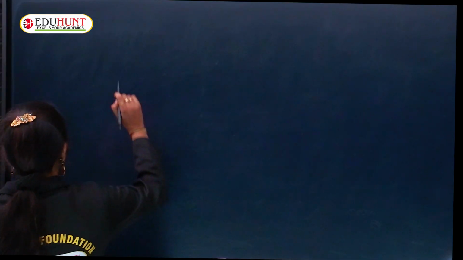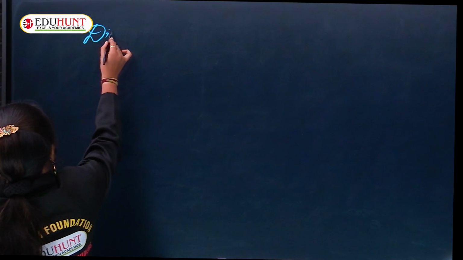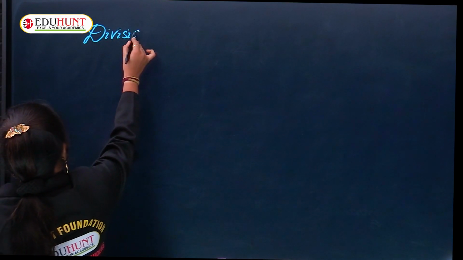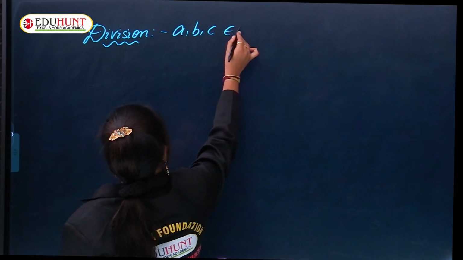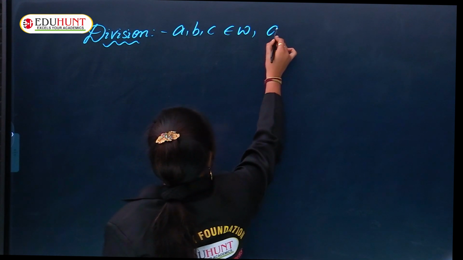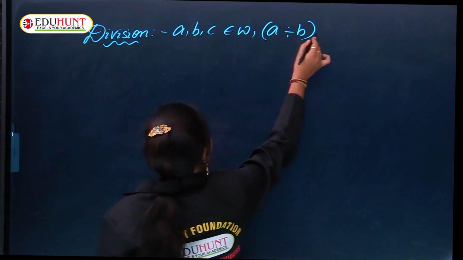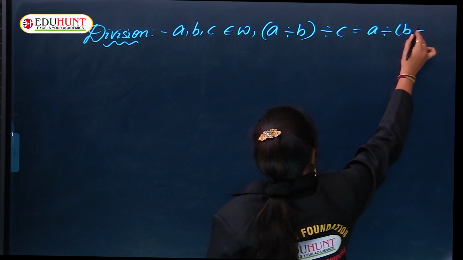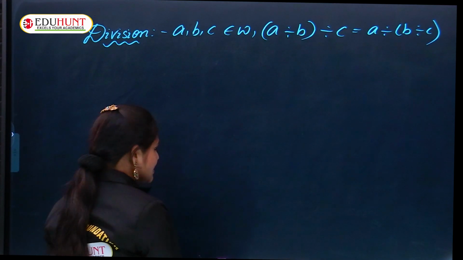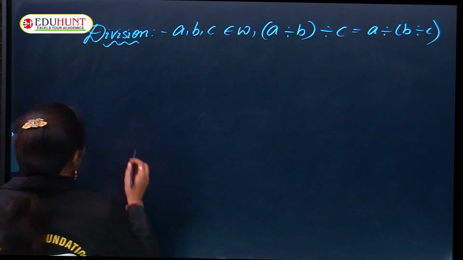Under division, see that A, B, C belong to whole numbers. Then here A divided by B divided by C is equal to A divided by B divided by C. Satisfies or not?